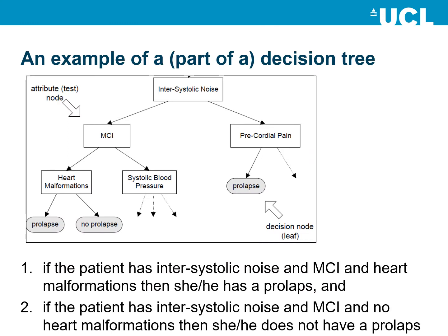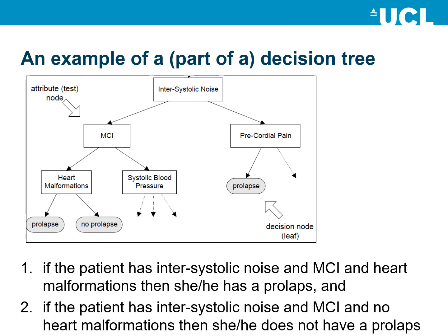How would this possibly look like for a real example in medicine? Consider you want to find out if a patient has a prolapse or no prolapse, and if the patient has intersystolic noise and myocardial infarction and heart malformations, then he or she has a prolapse. That's your first rule. Secondly, if the patient has intersystolic noise and myocardial infarction and no heart malformations, then he or she will not have a prolapse.